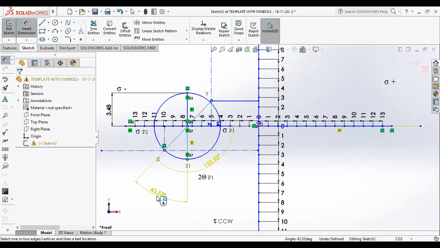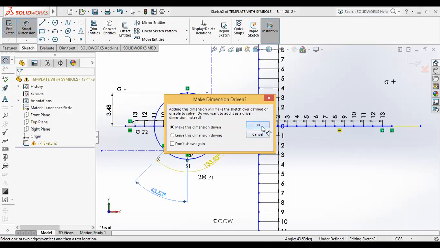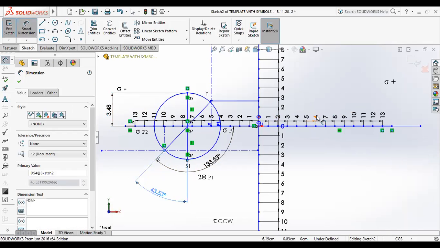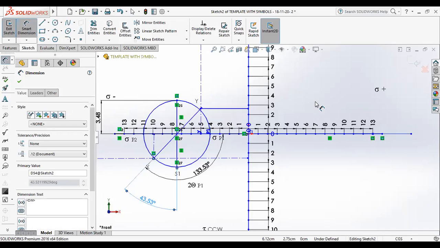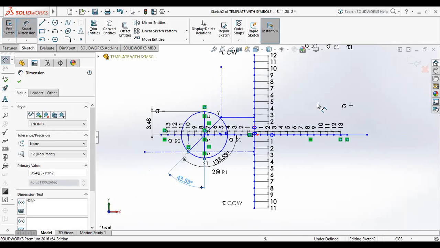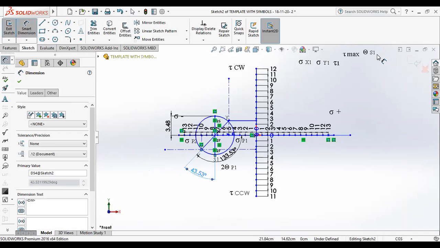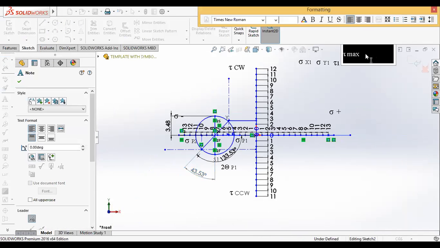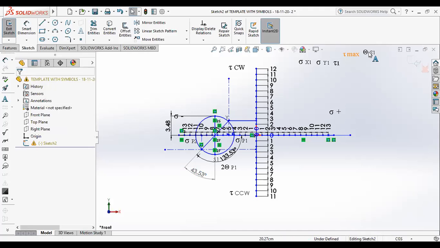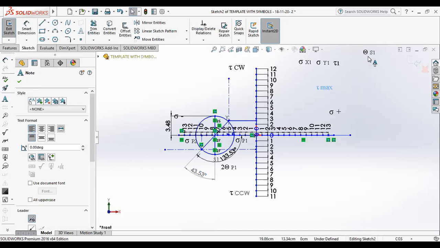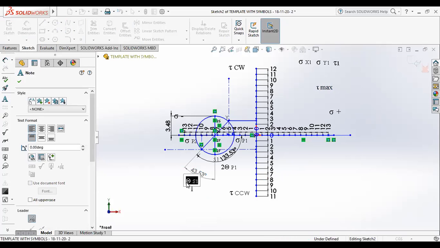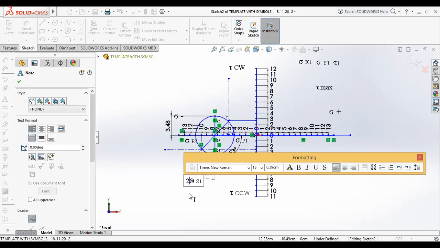This is 43.3 degree. This is my 2 theta S1.